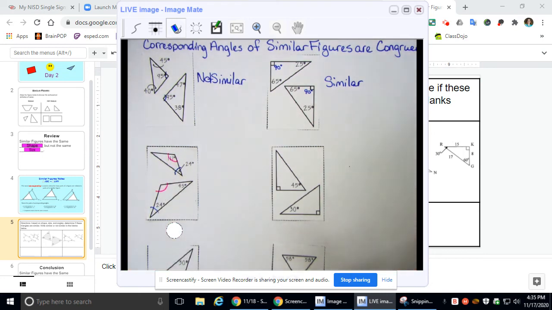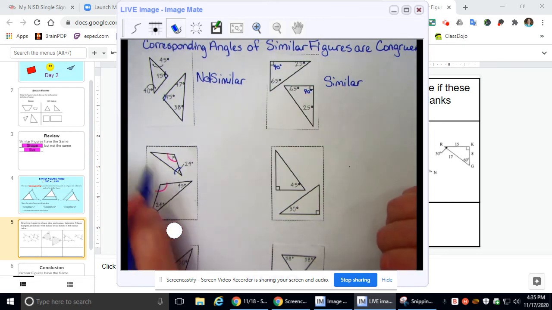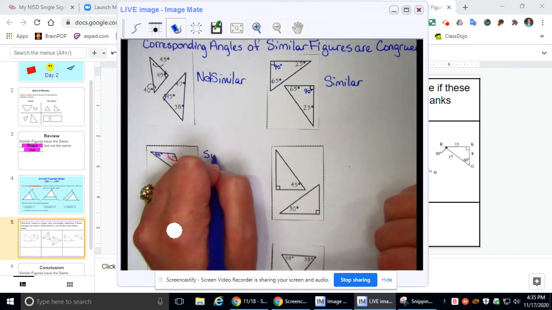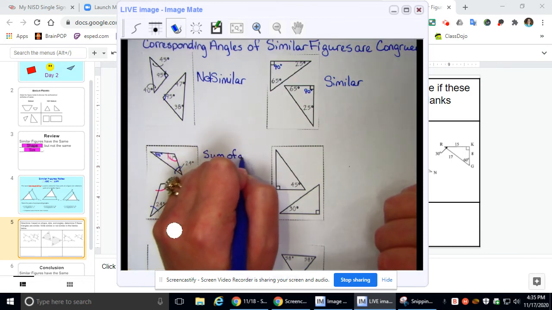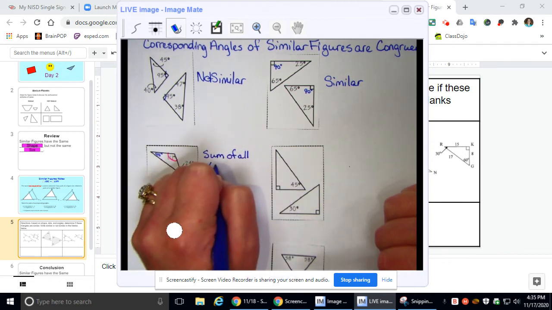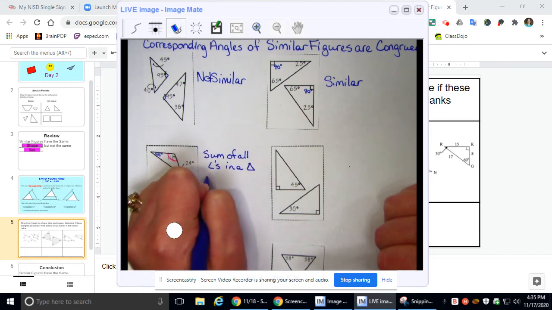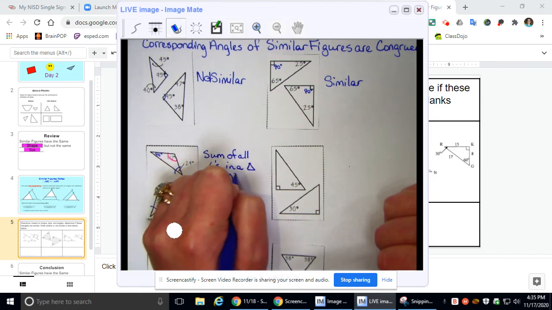So what we need to figure out is if this angle right here is also 45 degrees. So let's remember the rule. The sum of all angles in a triangle is 180 degrees.